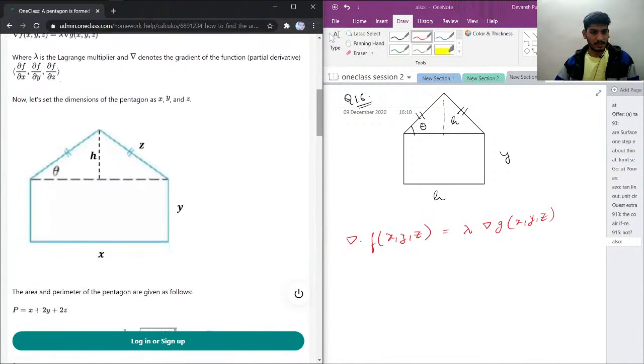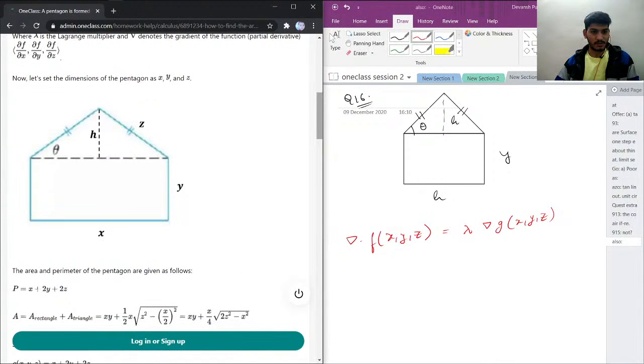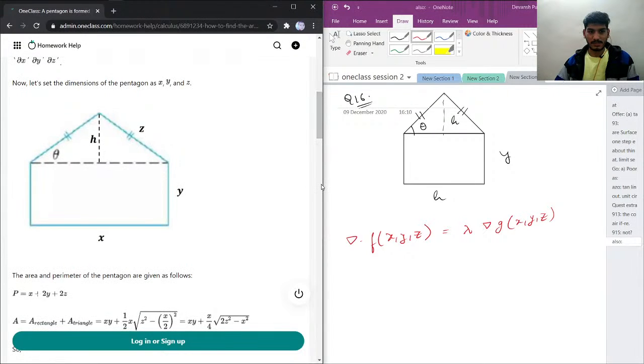Now let's see the dimensions of the pentagon as x, y, and z. Let's say this dimension is z, and the perimeter of the pentagon is fixed, which is given as this should be x.